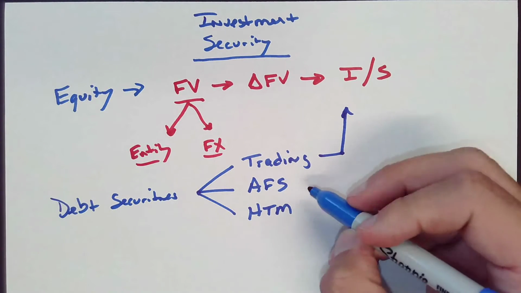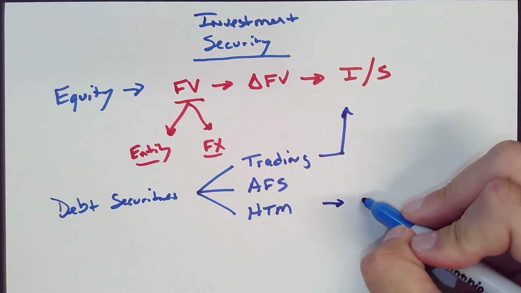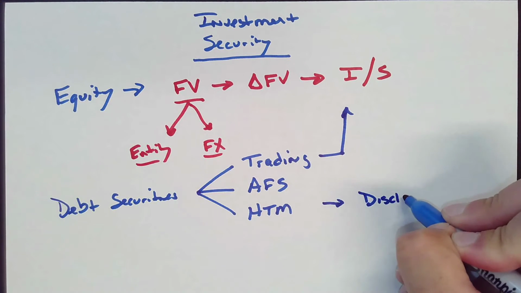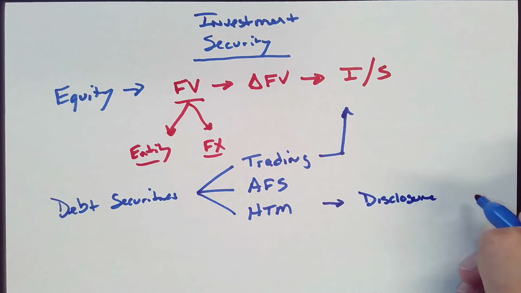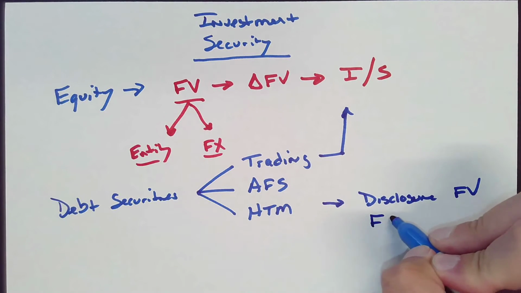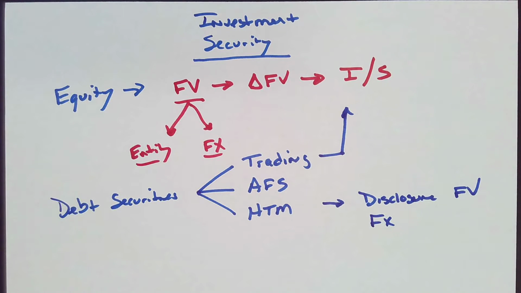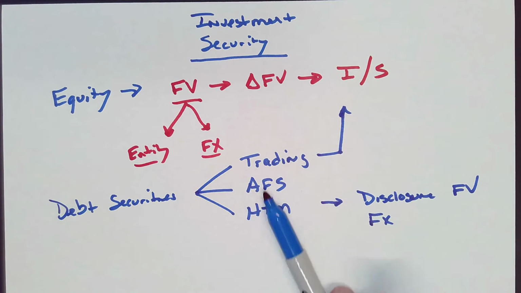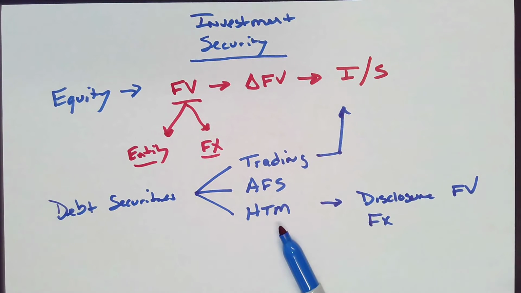Held to maturity is a disclosure of fair value. But we also have an FX issue. So since it's held to maturity, we're going to have to determine, well, what is the FX change for that held to maturity security?